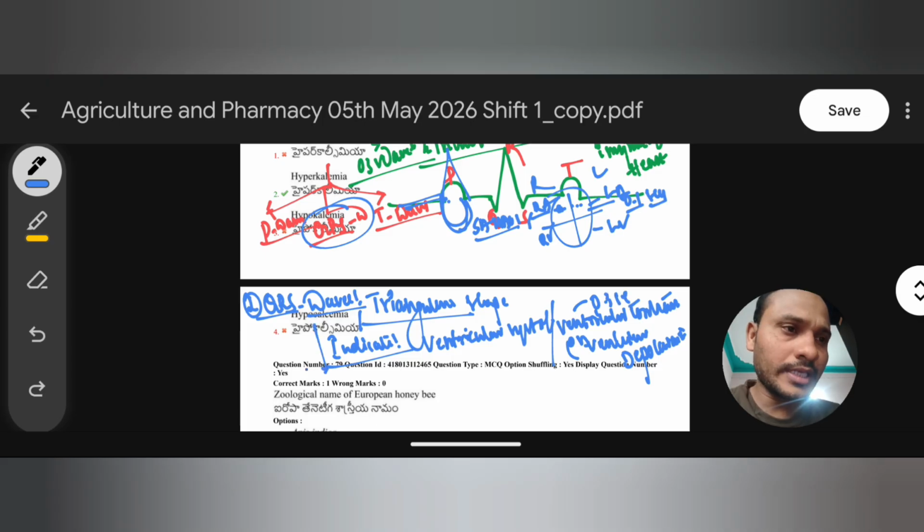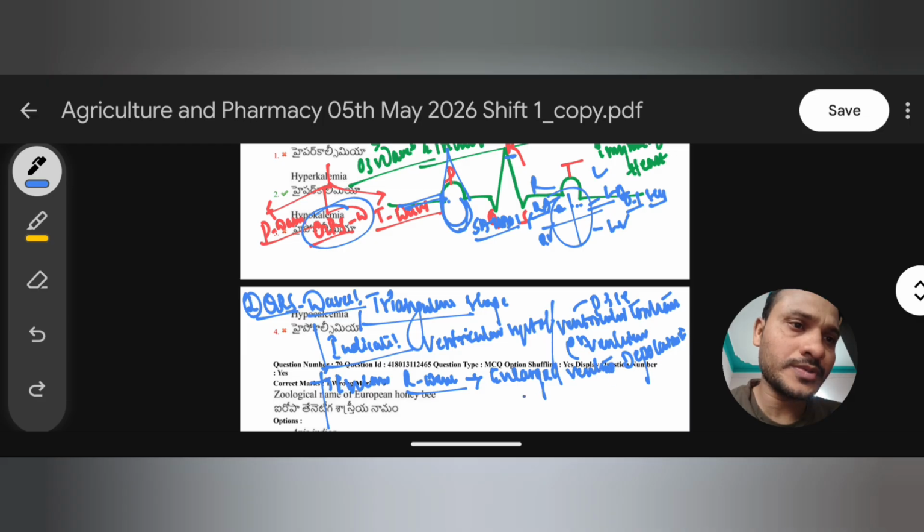And if there is any disorder related to QRS, for example enlarged R waves, like the top R wave here, if it is still more enlarged, then these enlarged R waves indicate enlarged ventricles. Just now we discussed that enlarged P waves indicate an enlarged atrium, so here enlarged R waves indicate enlarged ventricles.